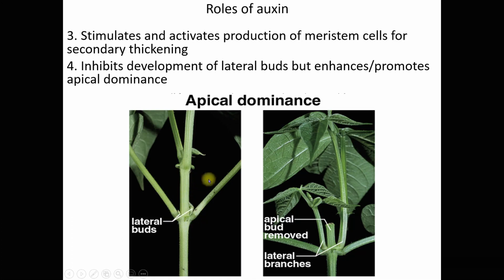If we cut off or remove this apical bud, the lateral buds will develop into lateral branches, right? That's why if you want to make your plants bushy, you remove the apical bud. The lateral buds will develop into lateral branches. So that makes your plants or your trees bushy.